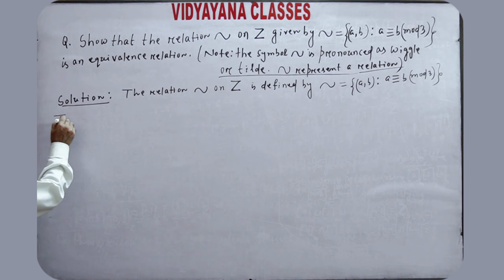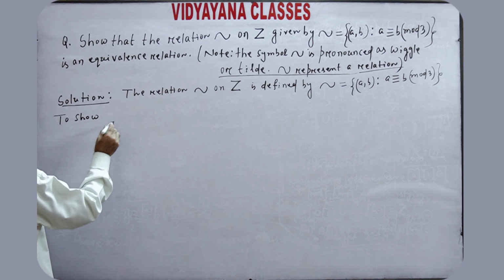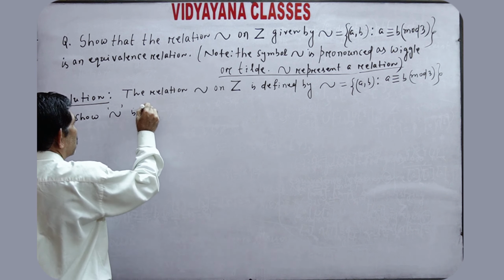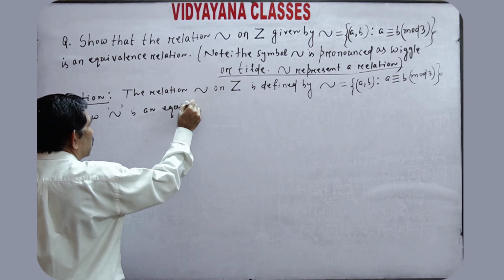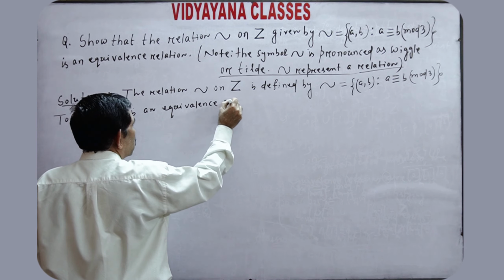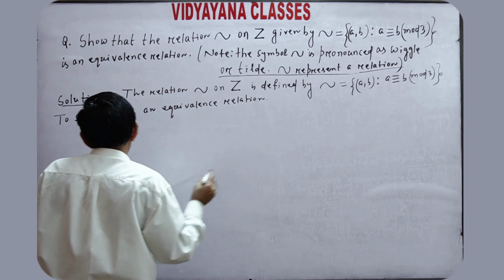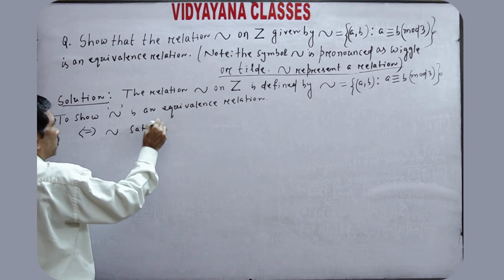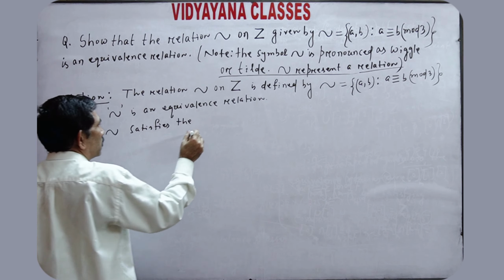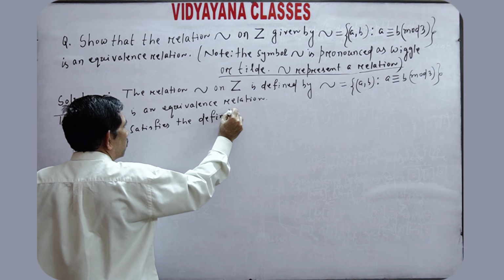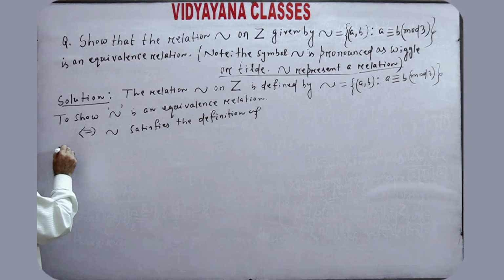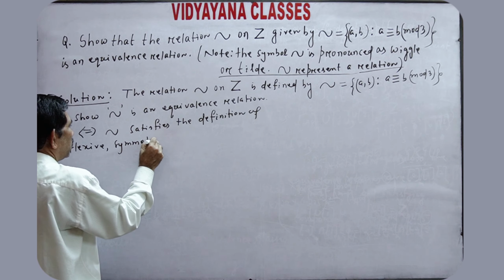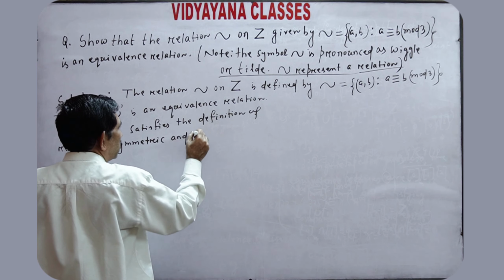To show the relation wiggly is an equivalence relation, which implies wiggly satisfies the definition of reflexive, symmetric and transitive.